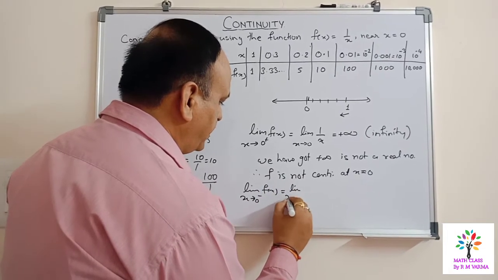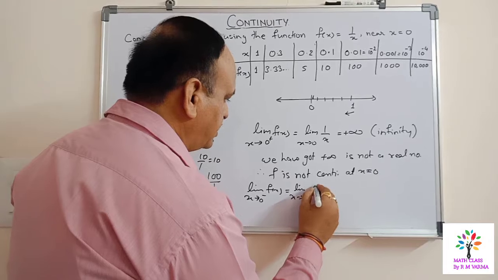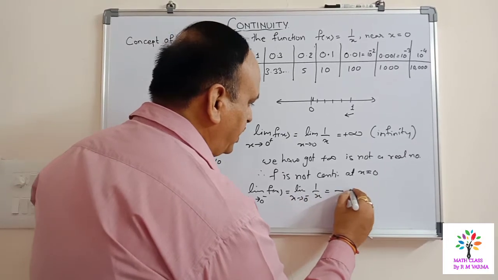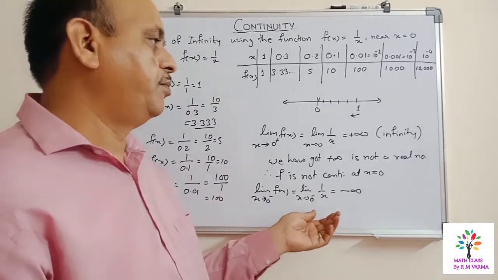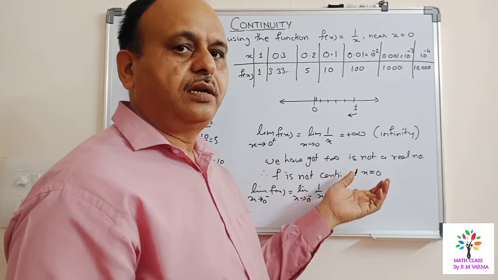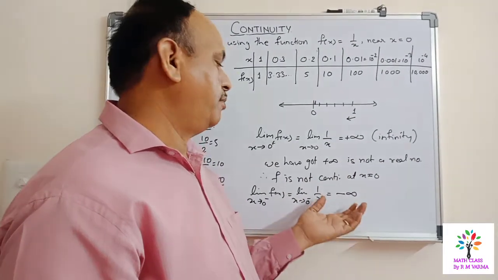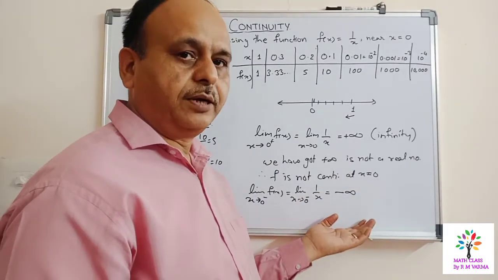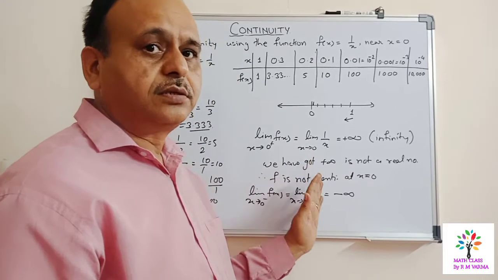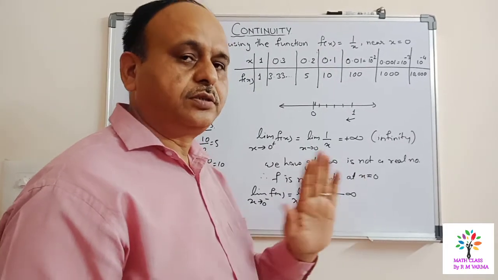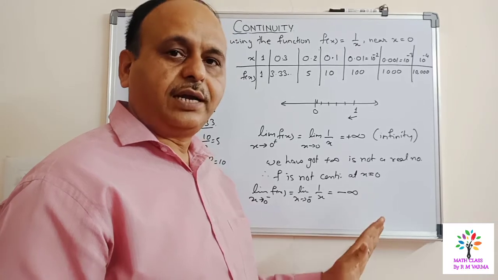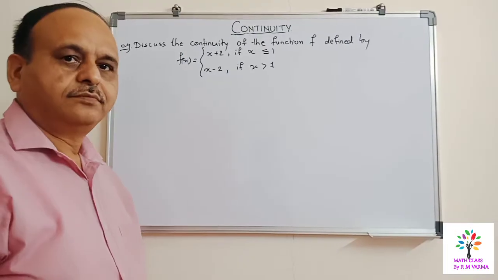So the limit as x tends to 0 minus of 1 upon x, I will get minus infinity. So this is how we get plus infinity and minus infinity, but they are not real numbers. And the function remains discontinuous at x equals 0. So it is not a continuous function at x equals 0.